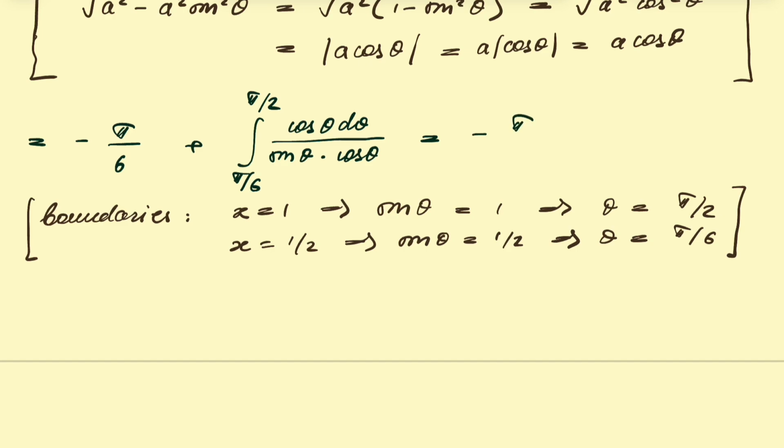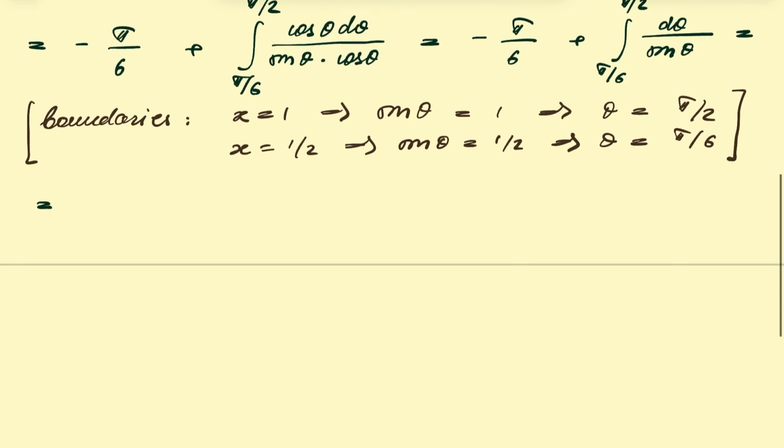Now we have minus pi over 6 plus an integral of d theta over sine of theta from pi over 6 to pi over 2. Now you can note that this thing here is actually just cosecant of theta, right?